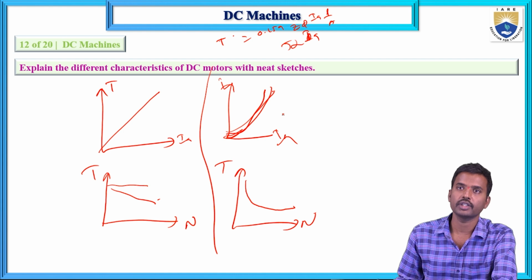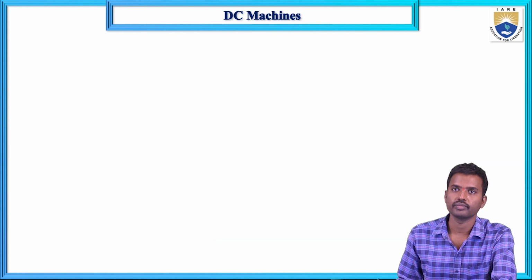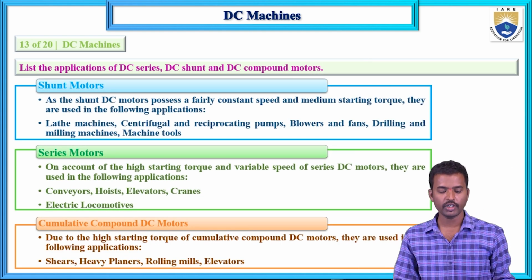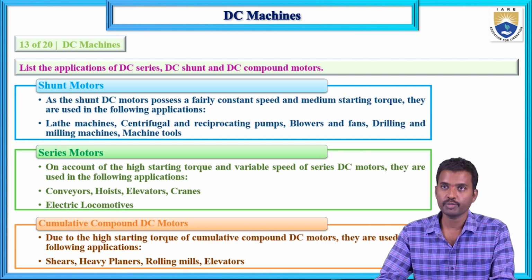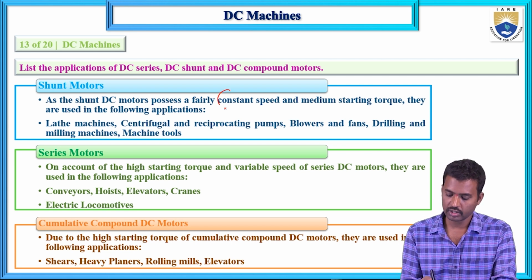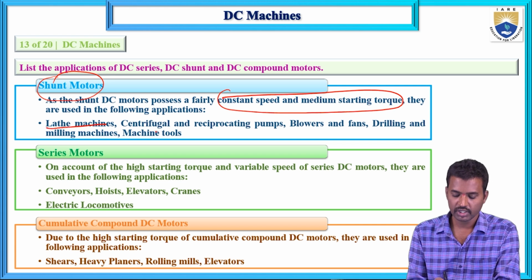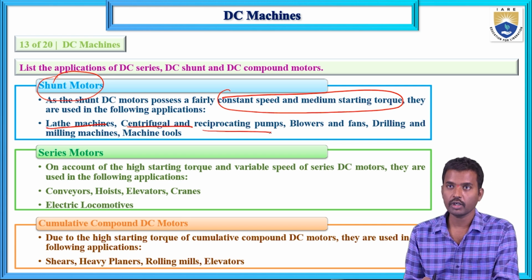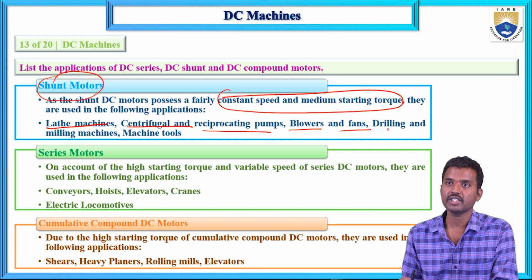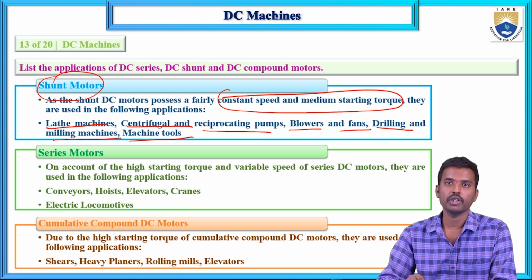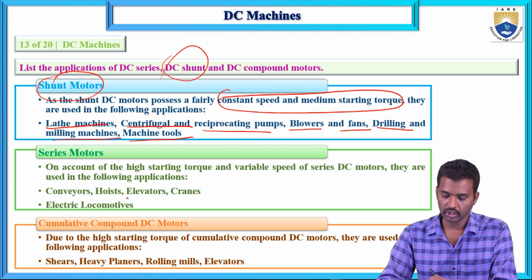Next, explain the applications of DC series motor and shunt motor. These are the different applications. For constant speed and medium torque applications, we will use shunt motors, for example lathe machines, centrifugal pumps, reciprocating pumps, blowers, fans, drilling machines, milling machines, and machine tools. For high starting torque and variable speed, we will use series motors, for example conveyors, hoists, elevators, cranes, and electric locomotives. These points are important.